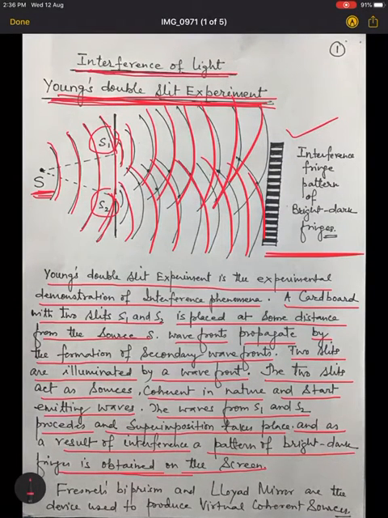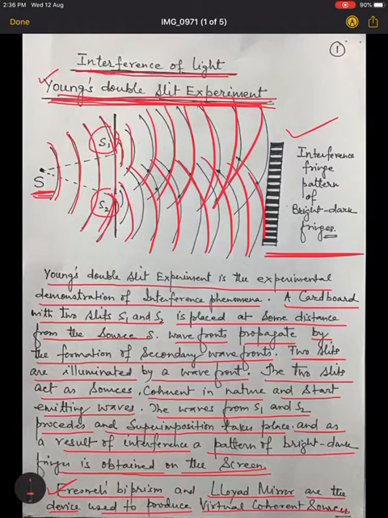So this is all about Young's double slit experiment. Later on, Fresnel's biprism and Lloyd's mirror are also used to produce virtual coherent sources.